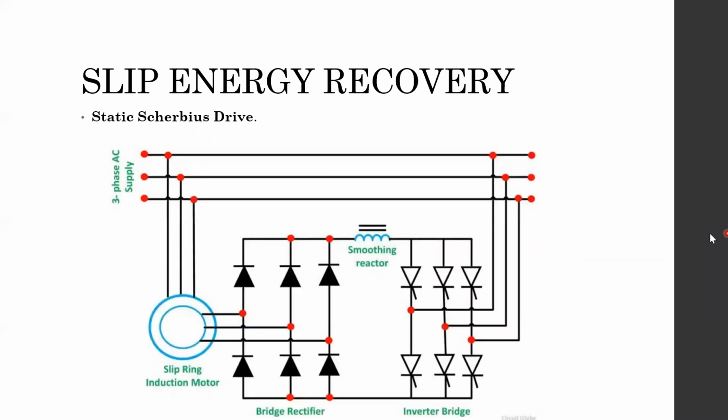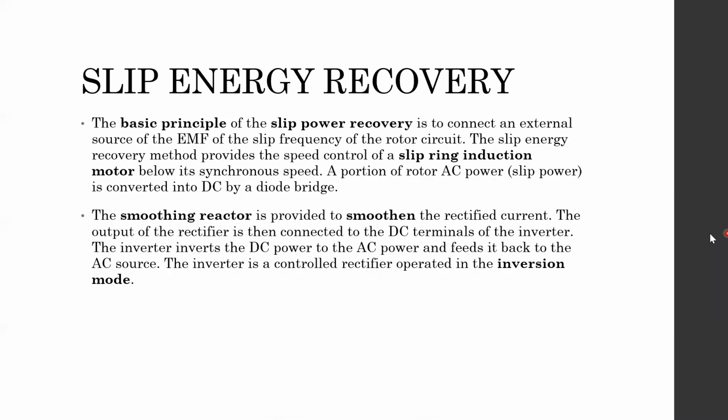This picture shows a static Scherbius drive. Here, the smoothing reactor is provided to smoothen the rectified current. The output of the rectifier is then connected to the DC terminals of the inverter. The inverter inverts the DC power to AC power and feeds it back to the AC source. The inverter is a controlled rectifier operated in the inversion mode.